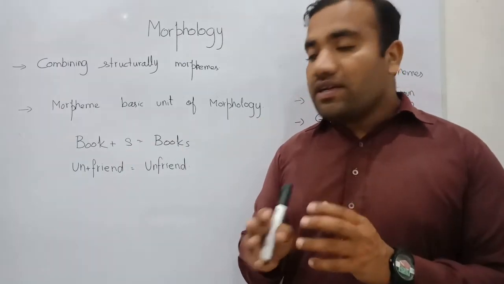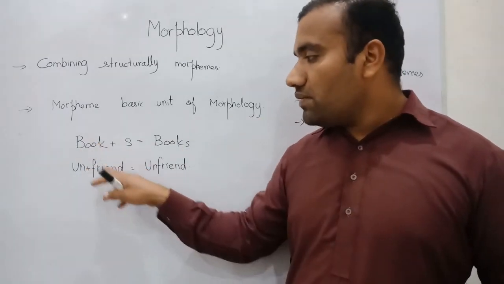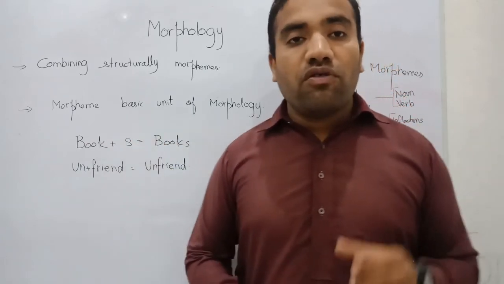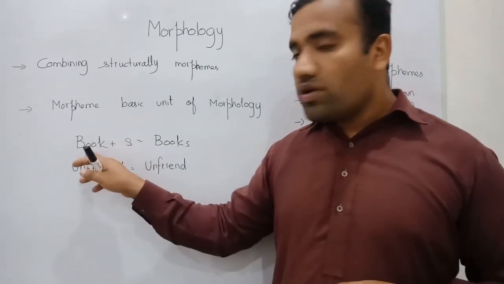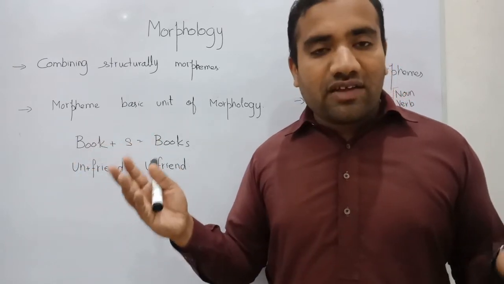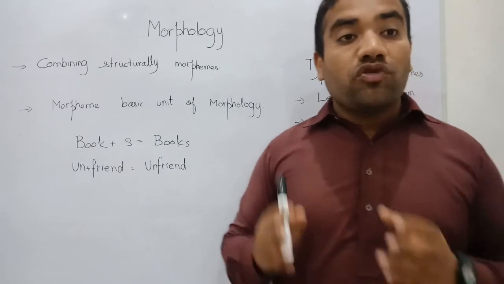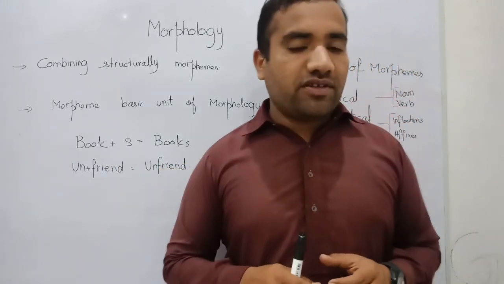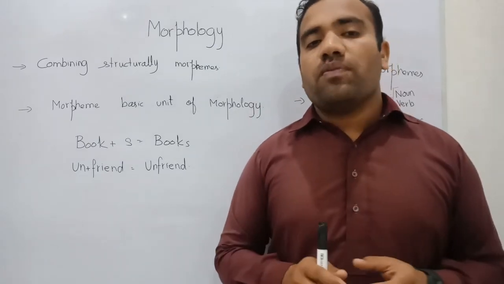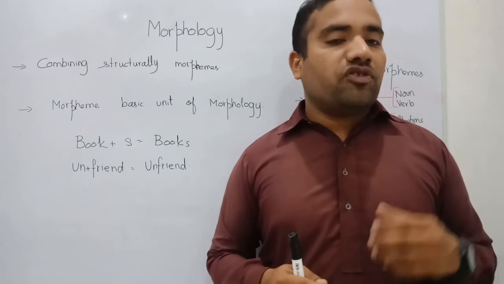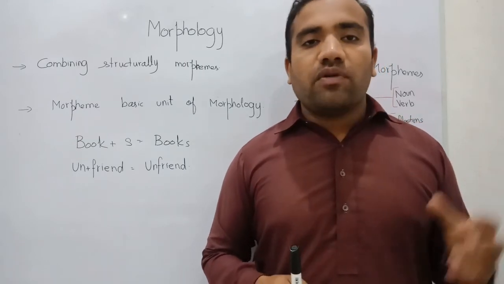Likewise, in unfriend, friend gives us a distinct meaning. These morphemes exist independently, but s cannot exist independently. This data tells us there are two types of morpheme: the lexical morpheme and the grammatical morpheme.